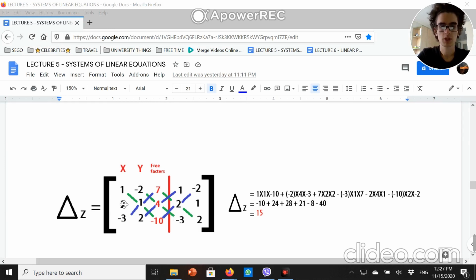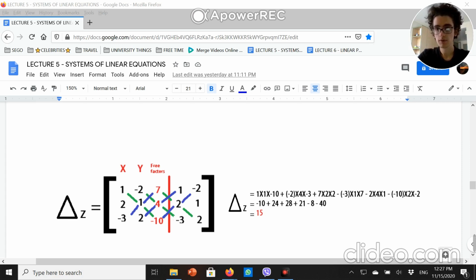So what will we have? 1 times 1 times negative 10 plus 7 times 2 times 2, plus negative 2 times 4 times negative 3, minus negative 3 times 1 times 7, minus 2 times 4 times 1, minus negative 10 times 2 times negative 2. When we simplify this and calculate it, we would get negative 10 plus 24 plus 28 plus 21 minus 8 minus 40, and we would get that our delta z equals 15.